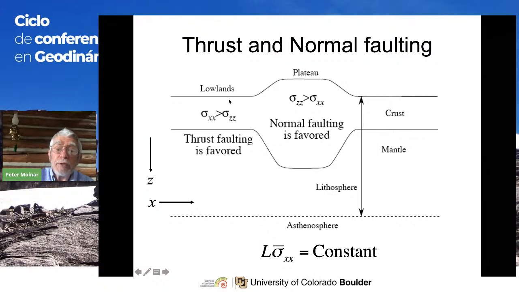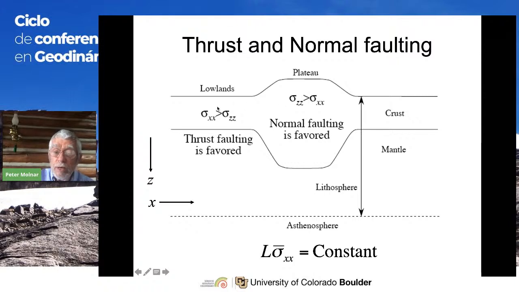And you can easily imagine that beneath the lowlands, the horizontal compressive stress will be greater than the vertical normal stress, average stresses through this column. And so you can imagine normal faulting would be favored in this region and thrust faulting would be favored over here. Again, I insist, if this quantity is big enough, you'll have thrust faulting here and here. And if this quantity is small enough, you'll have normal faulting here and normal faulting here.